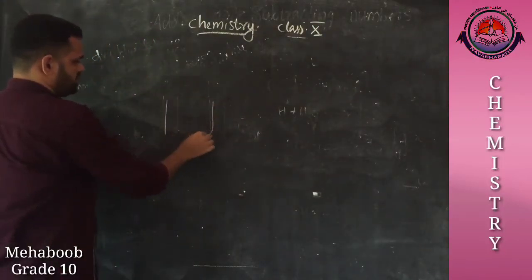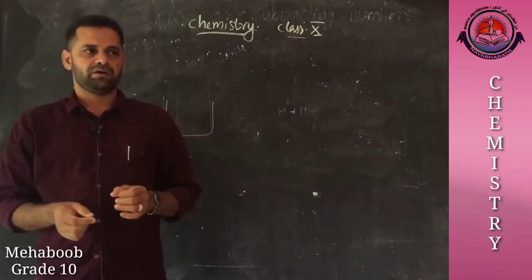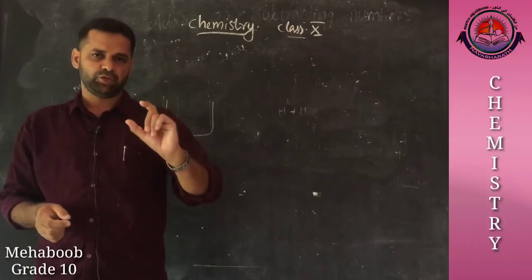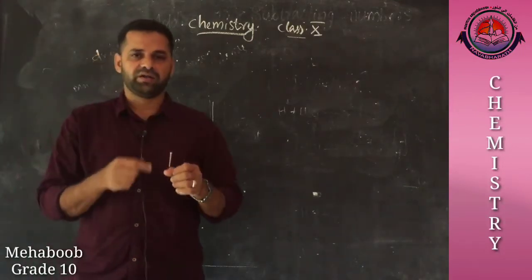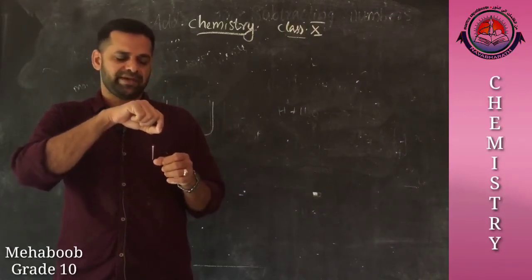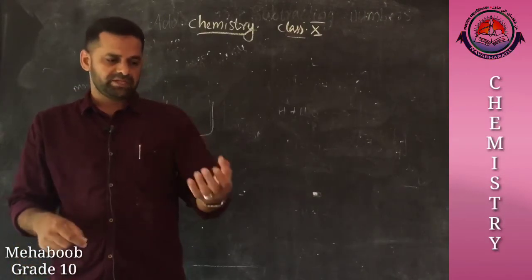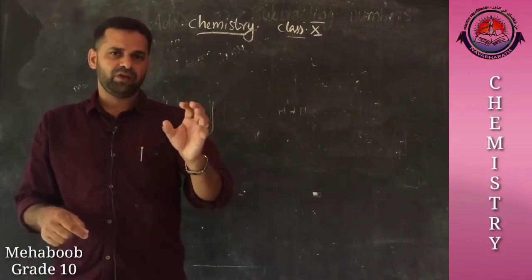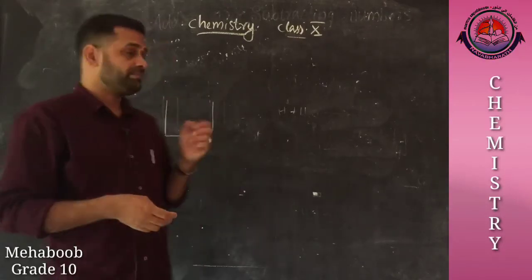If you take a test tube with some water in it and pour some concentrated sulfuric acid along the sides of the test tube, you can see that when you hold the test tube you feel hot. Why? Because it is an exothermic process.